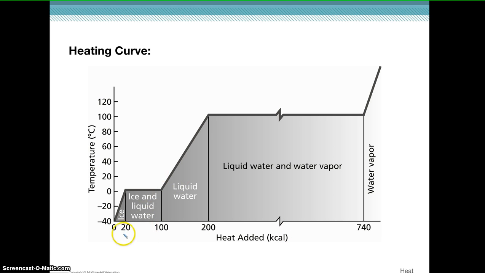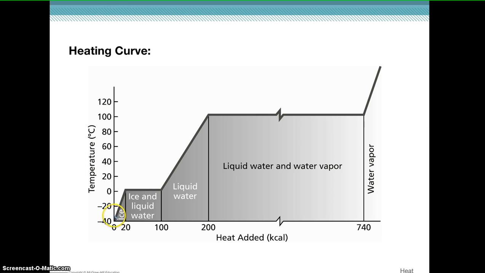But the important part is what's going on along each of the little sections of our graph. On this first sloped section, it says ice, so this specific heating curve is for water. Anywhere we start the curve, the temperature is less than 0, which means we're in the solid phase, we're in ice.